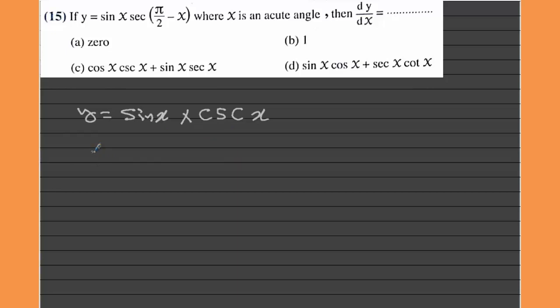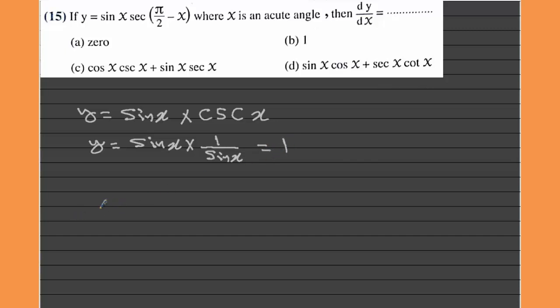So we have y equals sine x multiply 1 over sine x. Cosec x equals 1 over sine x, which equals 1.